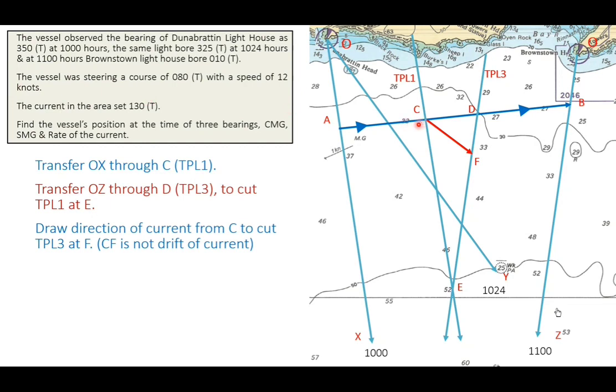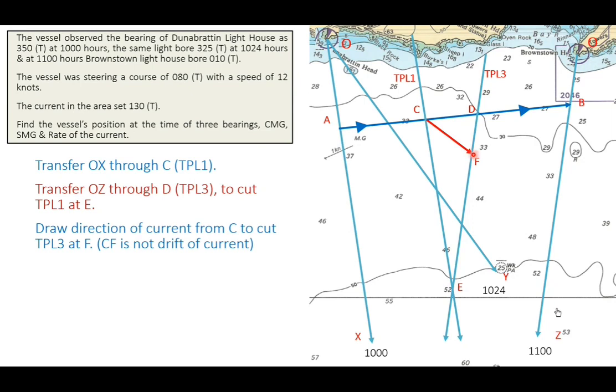At this point, let me remind you that we do not have the rate or the drift of the current known to us. This is one of the items which we need to find out. So this line CF does not represent the drift of the current.